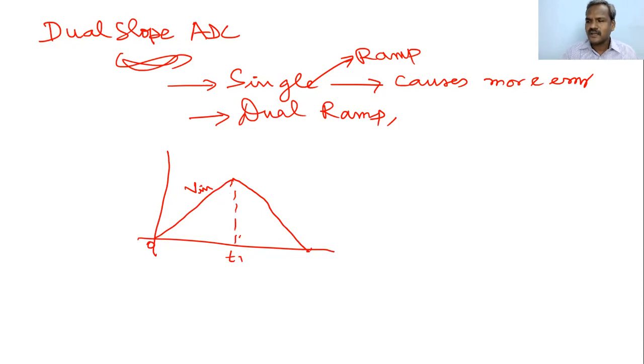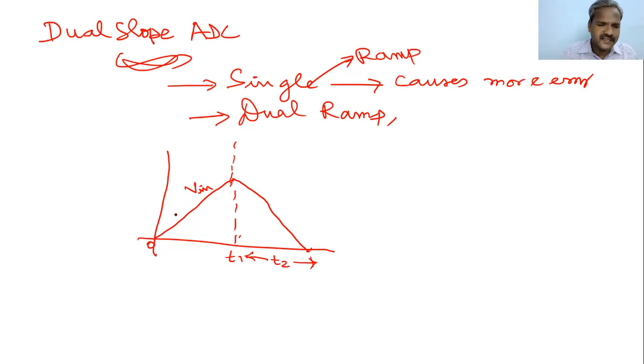Understand? During the positive and negative ramps, this time is T1 and this duration is T2. For any value, the integration slope will be varying, but the time will be fixed.